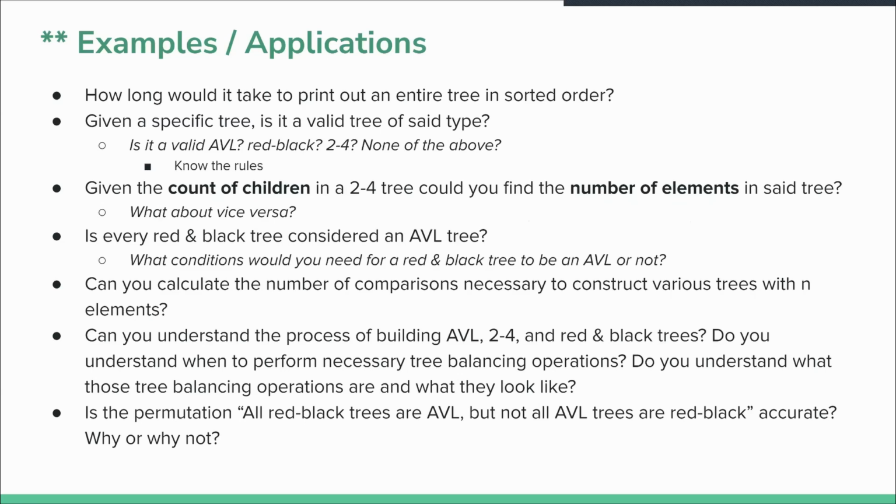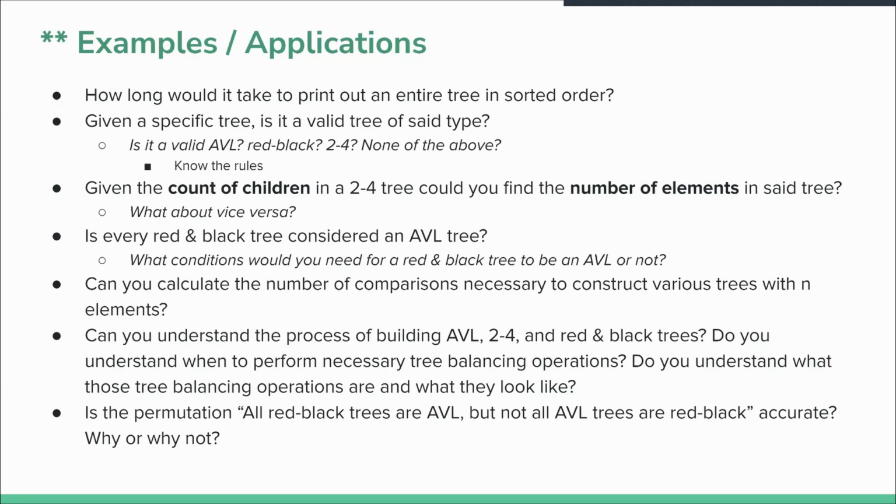If I were to give you a specific tree and ask you, is it a valid tree? When I say specific tree, I'm not going to tell you it's an AVL, red-black, or 2-4, obviously. I'm just going to show you a tree and ask, is it an AVL tree? Is it red-black? Is it 2-4? Or is it none, just some random tree?